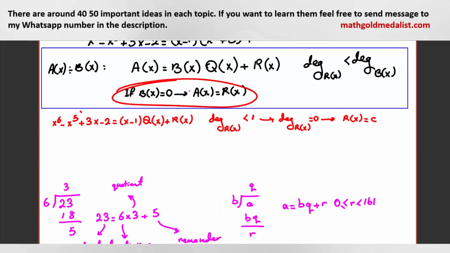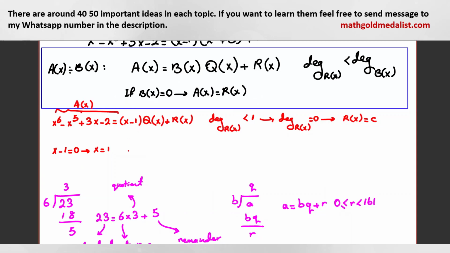So b of x is x minus 1. If x minus 1 is 0, then x is 1. Then this part is our a of x. So a of 1 in this case is equal to r of 1, right? And r of 1 is our remainder.